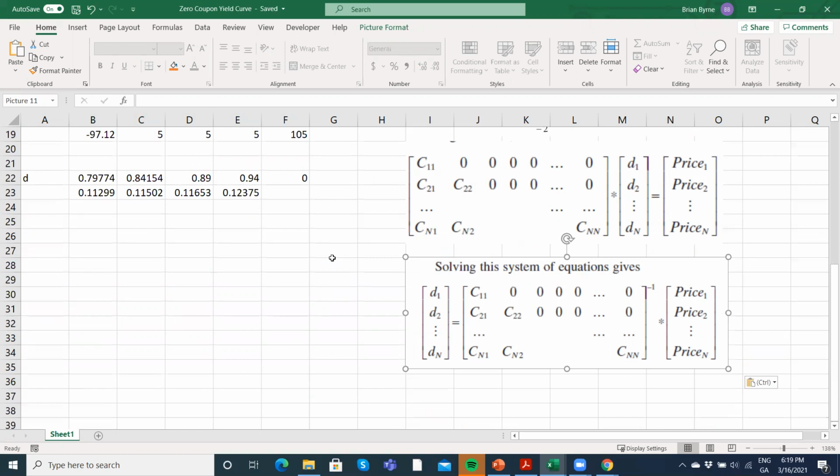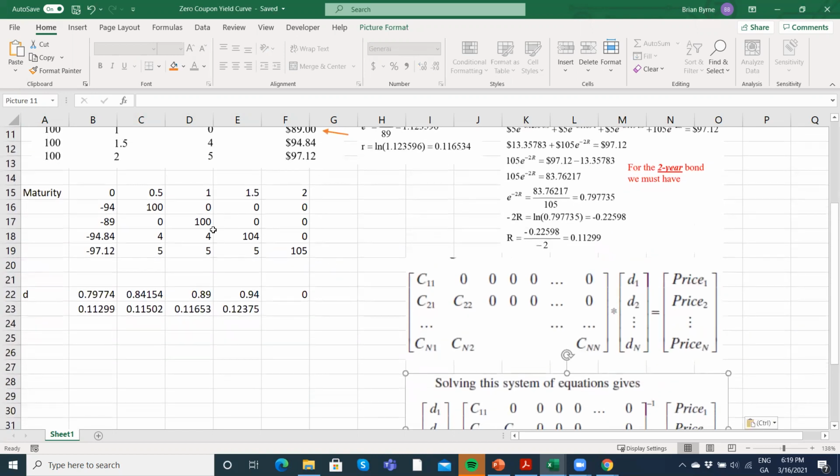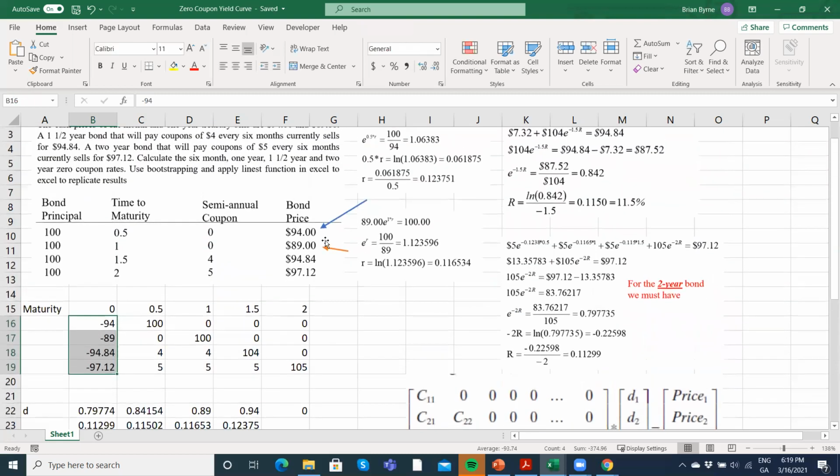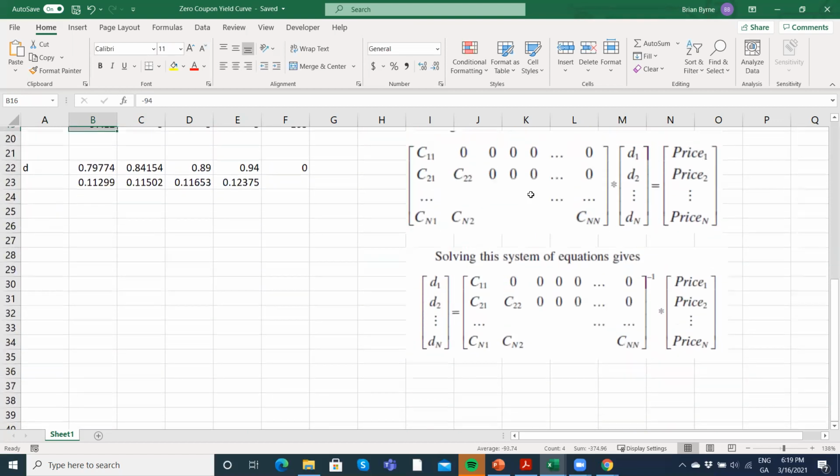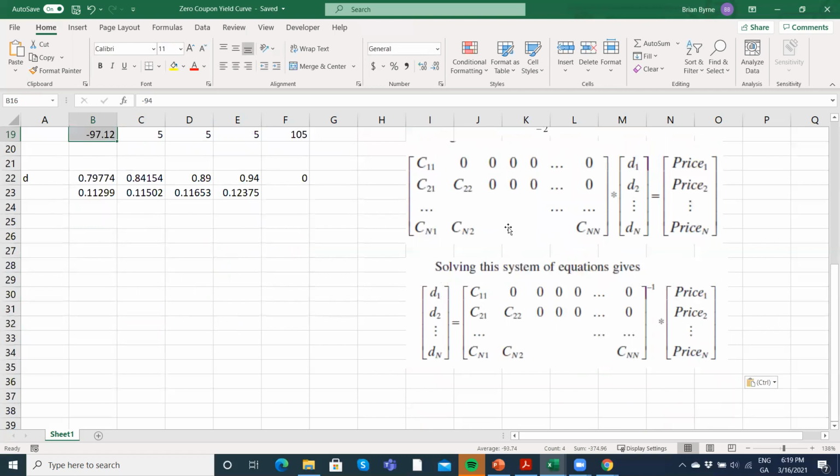If we have this set up, cash flows multiplied by the respective discount factors would produce the price of the bonds. So if we don't know the discount factors and want to solve for them, we could invert this relationship. If I take the inverse of the cash flows and multiply, they would cancel to the identity matrix.